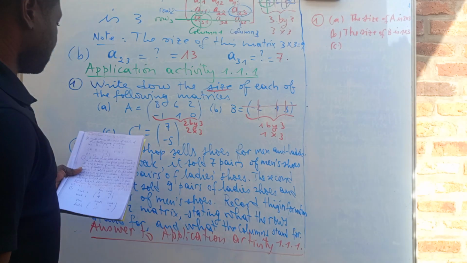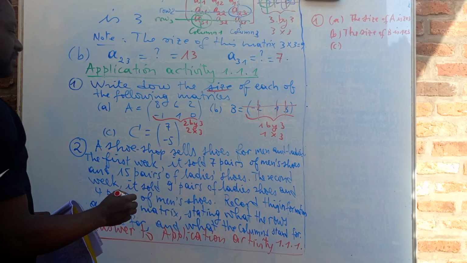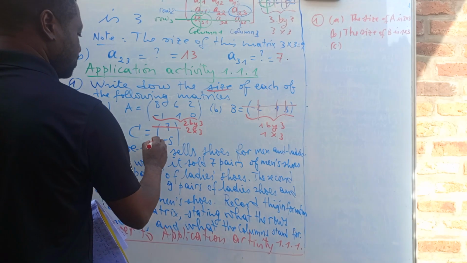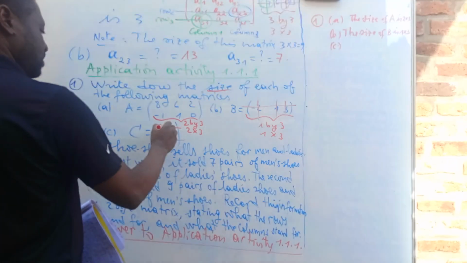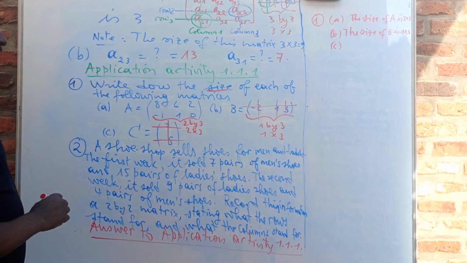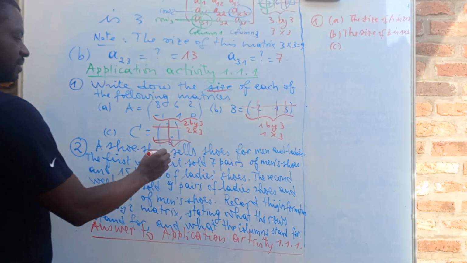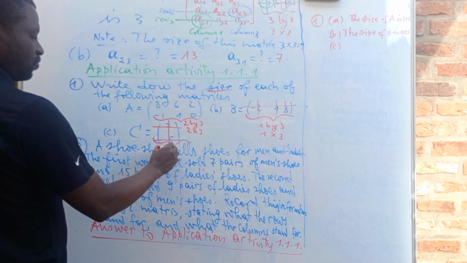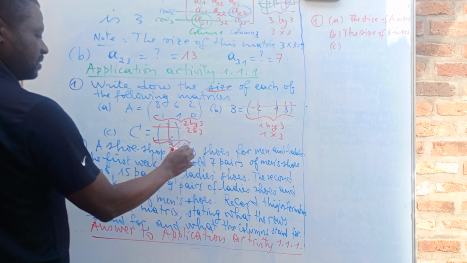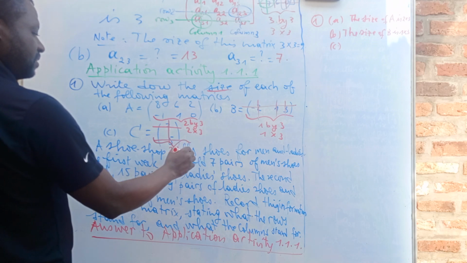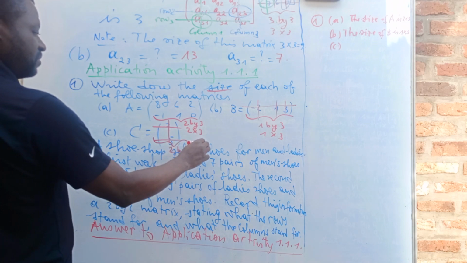Sub-question C, this one is a column matrix. We have 2 rows and 1 column. This is 2 by 1, or just 2 times 1.